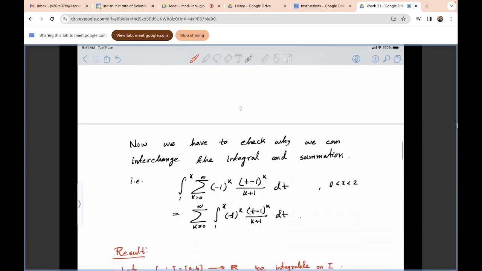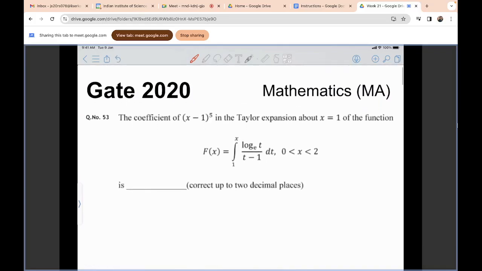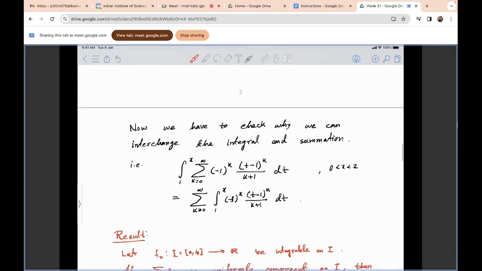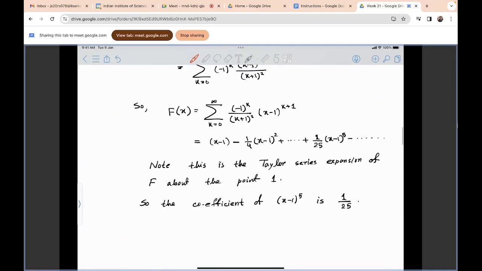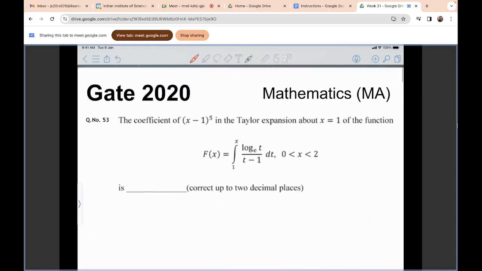So what is the question? We have to find the coefficient of x minus 1 to the power 5, which we have found out to be 1 by 25.